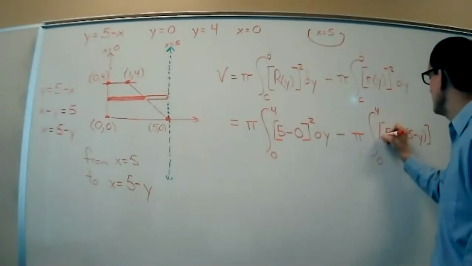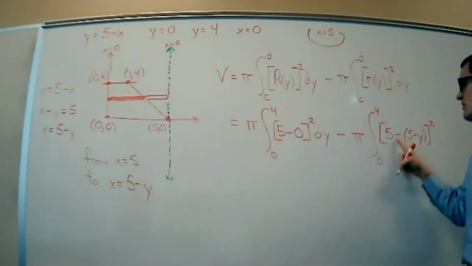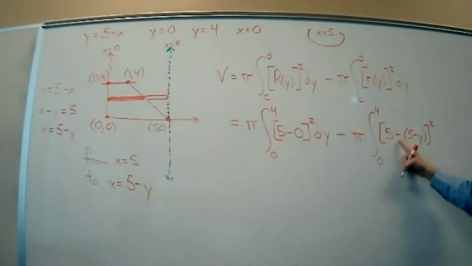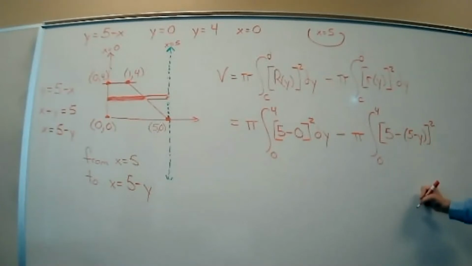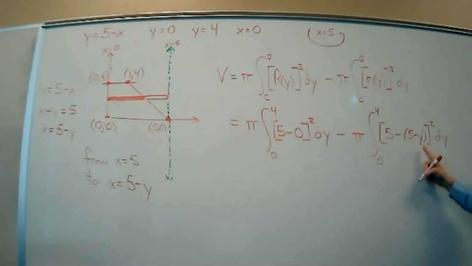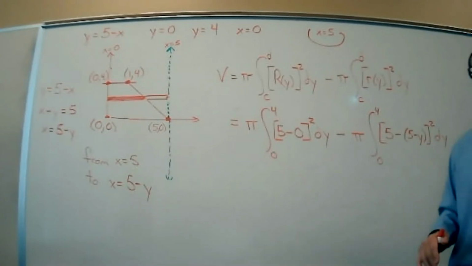Now, when you type this in, be very careful of this minus sign. This minus sign technically needs to distribute into both pieces. It's not a huge deal on this problem, but on other problems, being able to distribute that minus sign is going to be a big deal. So just be very careful with the parentheses there.